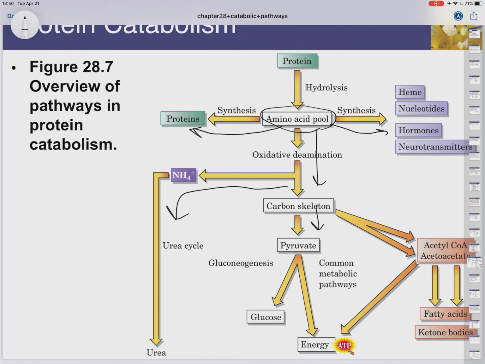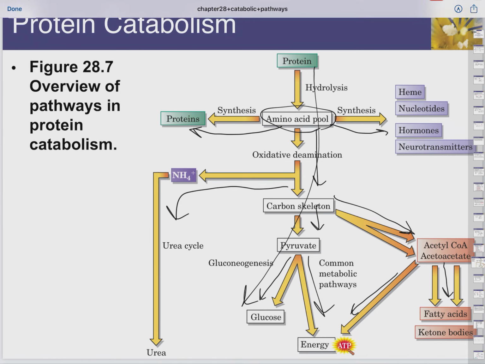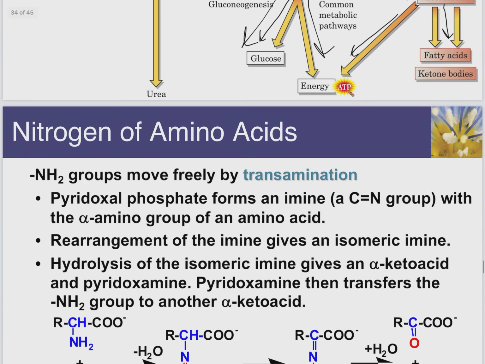This can be broken down into pyruvate or acetyl-CoA, which can be broken down via the citric acid cycle. Pyruvate itself can either be made into more glucose if we needed to, so protein into glucose, or pyruvate can again be sent into the citric acid cycle. And then we also know that the fats can enter in here as well. So this is an overview of that pathway.